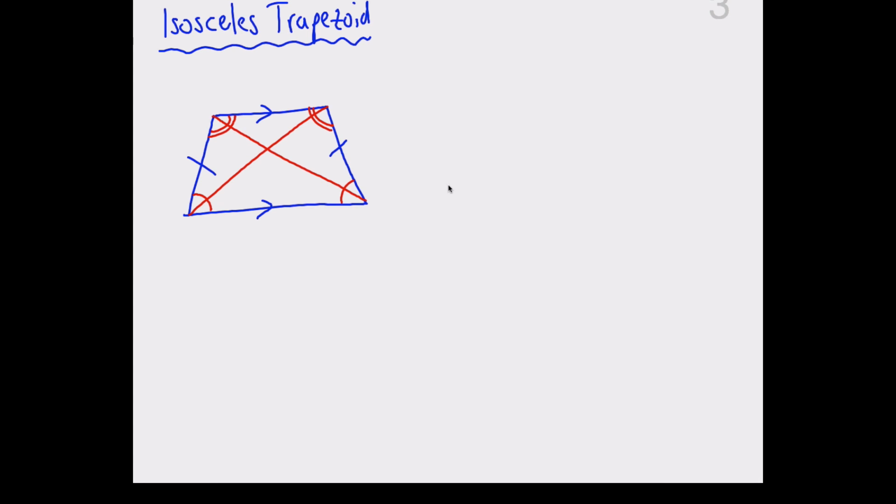Okay, so number 1, base angles are congruent. Number 2, diagonals are congruent. What's the definition? A trapezoid with congruent legs.